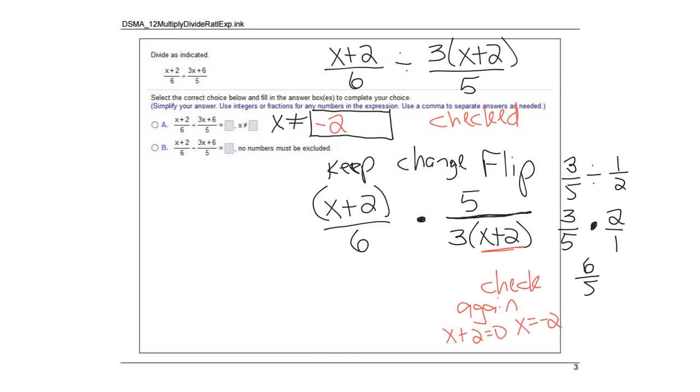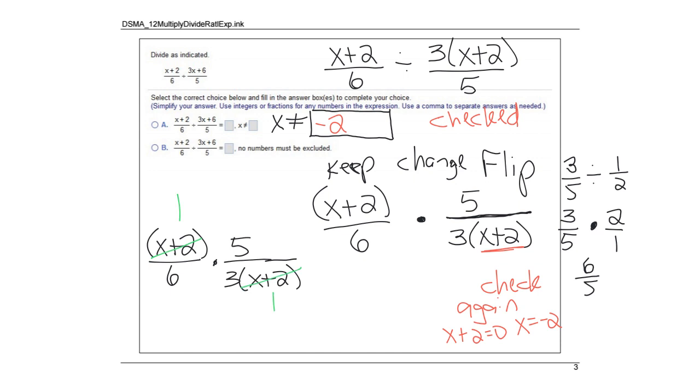Okay, so now that we've done that, let me rewrite it over here so we can take a look at it. So we've got (x + 2)/6 times 5/(3(x + 2)). The x + 2's are in common, but that's it.